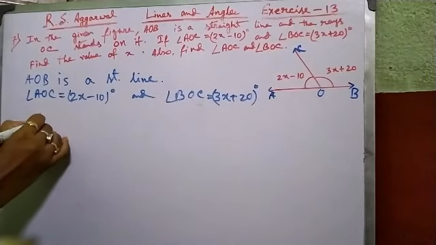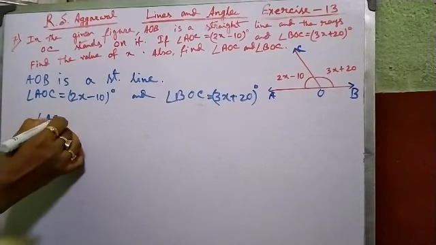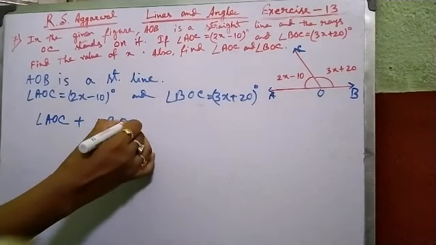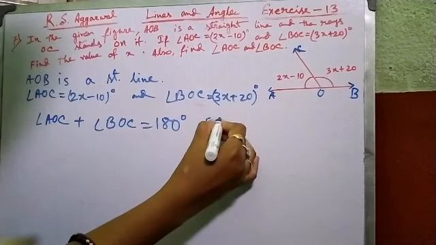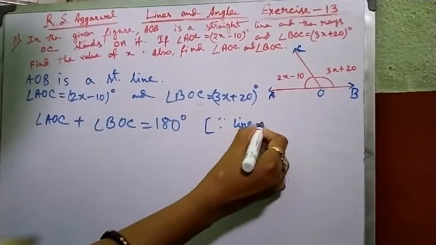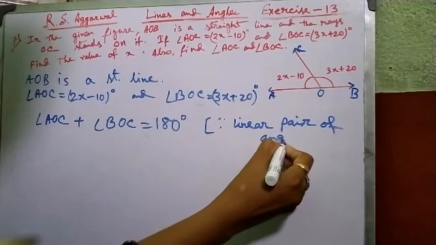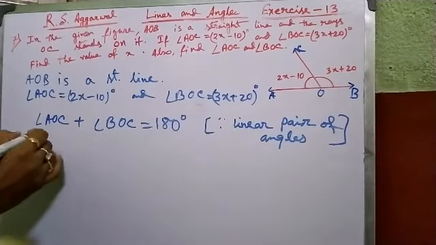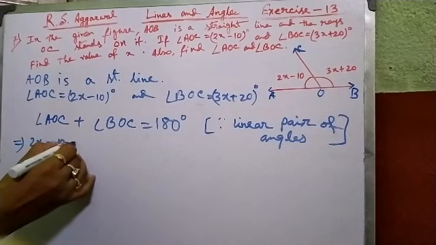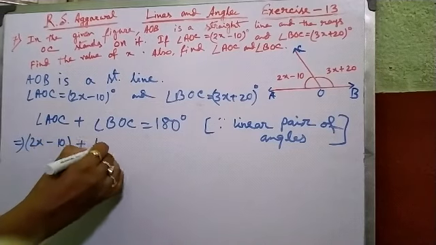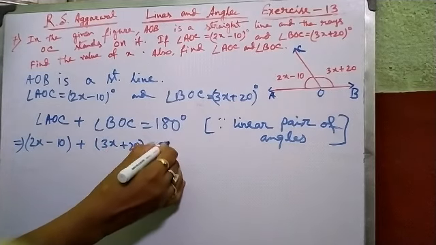So here angle AOC plus angle BOC equal to 180 degree we can write, and the reason will be since linear pair of angles. Then we can put the values. Implies 2x minus 10 plus 3x plus 20 equal to 180 degree.